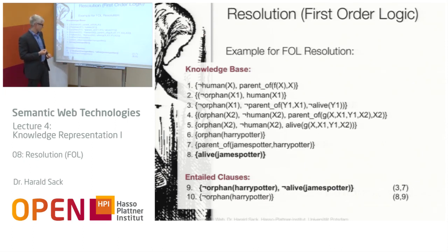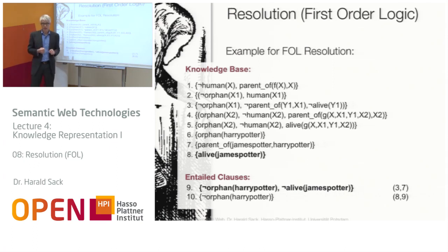And we have, again, the same constant inside, so the same individual, James Potter. And again, we can make a resolution step between 8 and 9, and the result will be here, not orphan Harry Potter. OK, not orphan Harry Potter is put into the knowledge base.